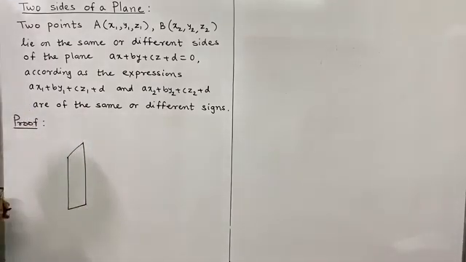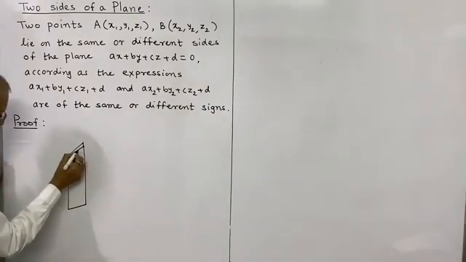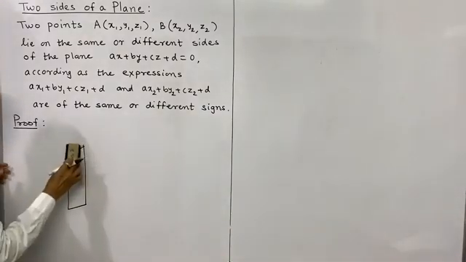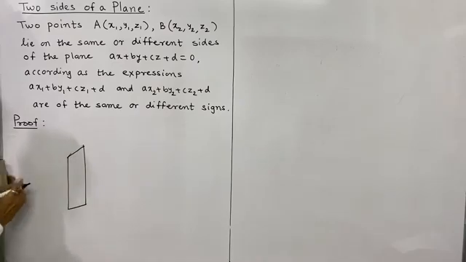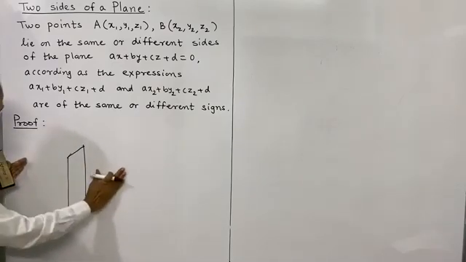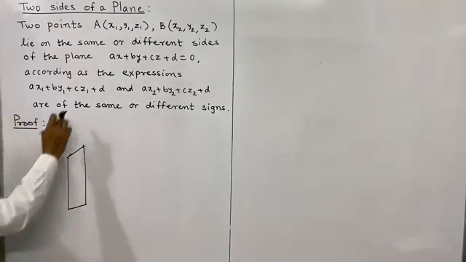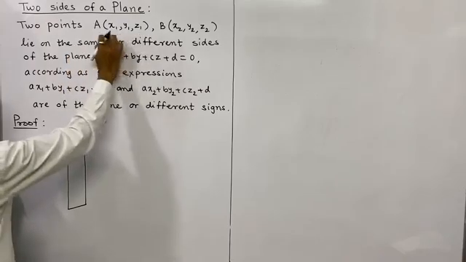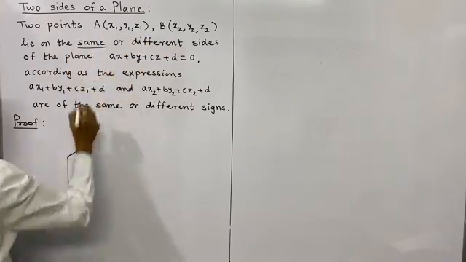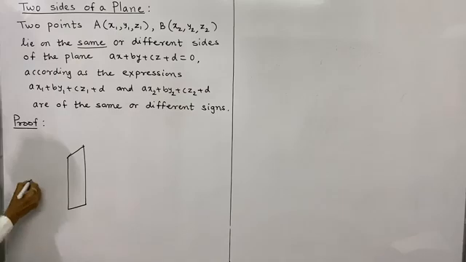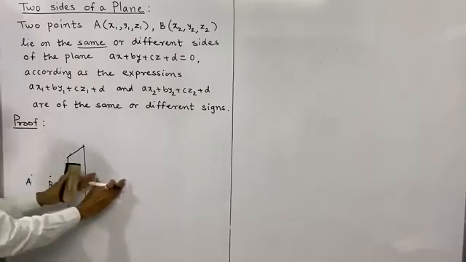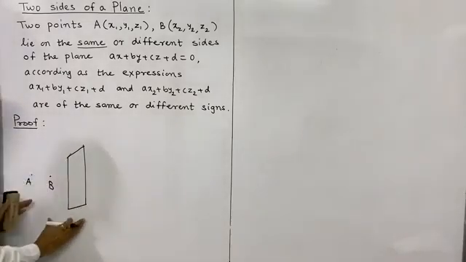We say that two points are on the same side of the plane if both lie on this side, or both are on the other side. Suppose this is A and this is B. They are on the same side. That is the first case.